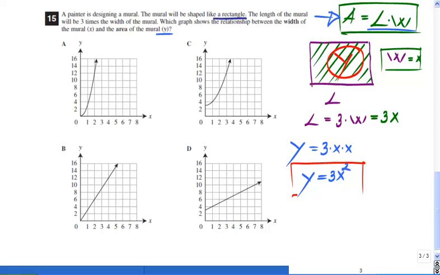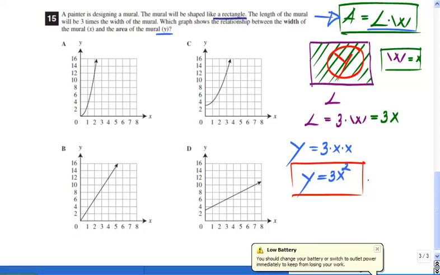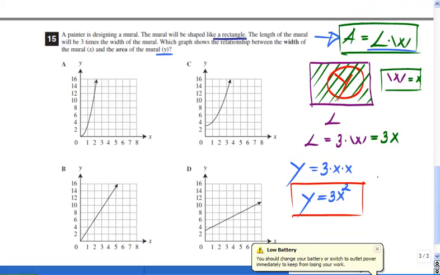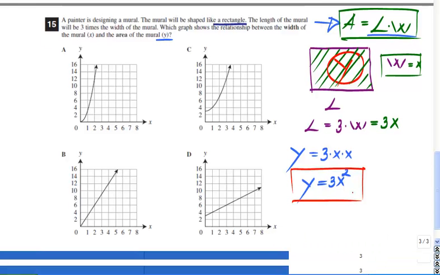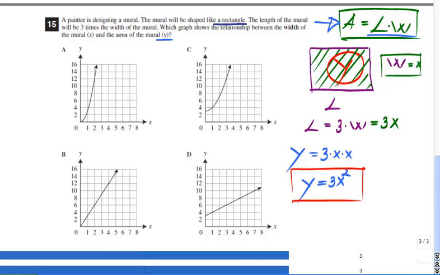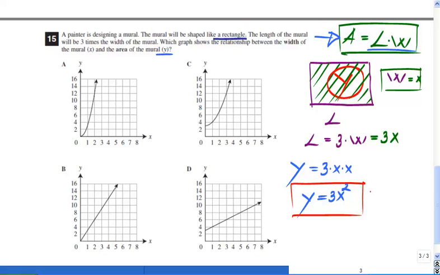In order to answer this problem, I'm going back to my graphs, and I'm looking for a graph that accurately represents 3x squared. What do you guys notice? That graph, because I'm talking about a quadratic function, cannot be a straight line.